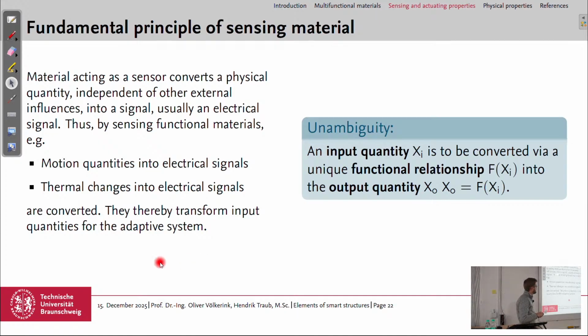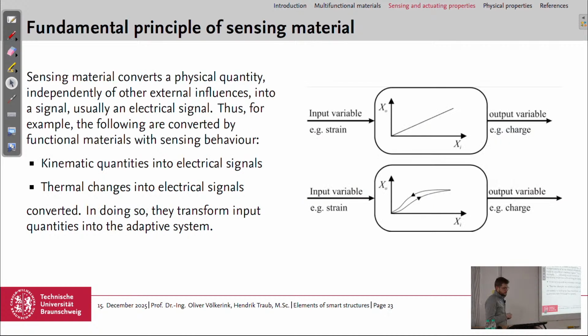What we would like to have is an input quantity xi, which is converted via a unique functional relationship into the output quantity x0. Here it should be only one x0, but you can cross that out later on. So we would like to have this kind of behavior.